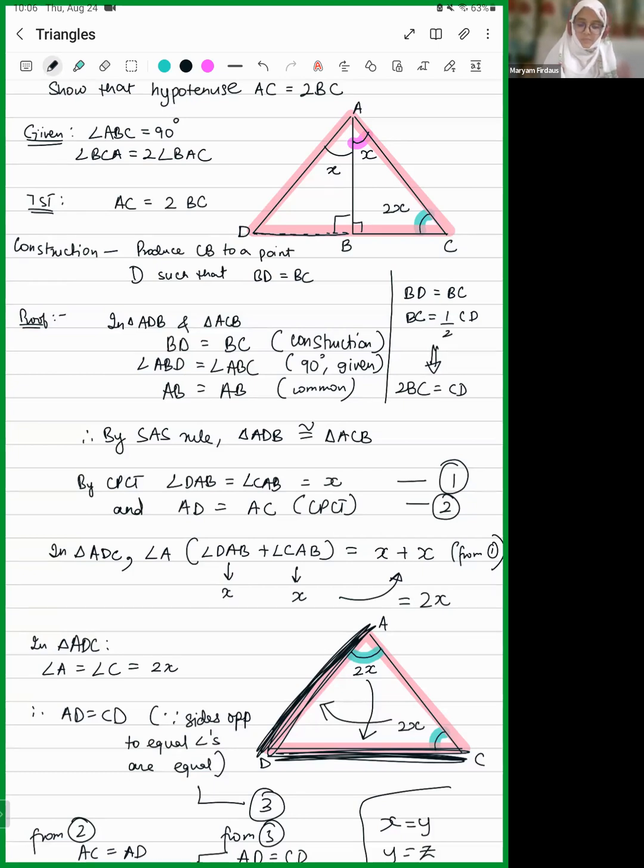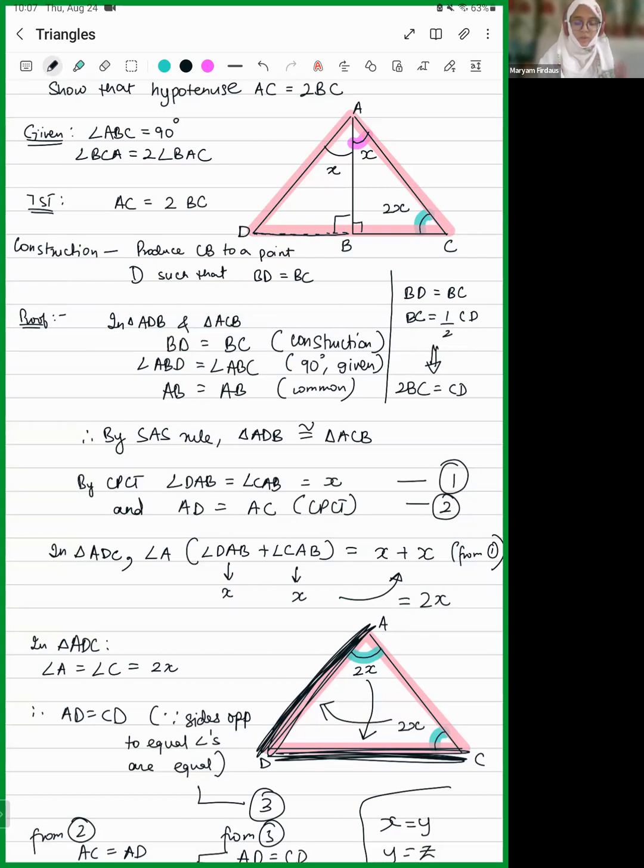So angle DAB and angle CAB both joined together: one angle is already X, so the other angle will also be X. So we add both these X and it will be 2X. Then in triangle ADC, angle A and angle C, if we add together, it will be 2X.